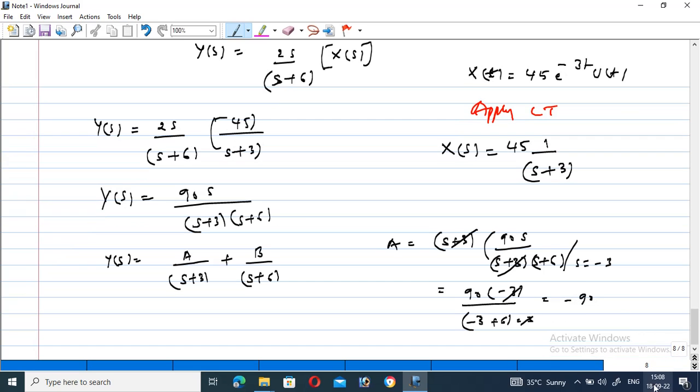Then we have to calculate the b value also. Now we have to calculate b. B is equal to s plus 6 into 90 s by s plus 3 into s plus 6 at s is equal to minus 6. This is a shortcut method. The s plus 6 terms get cancelled.